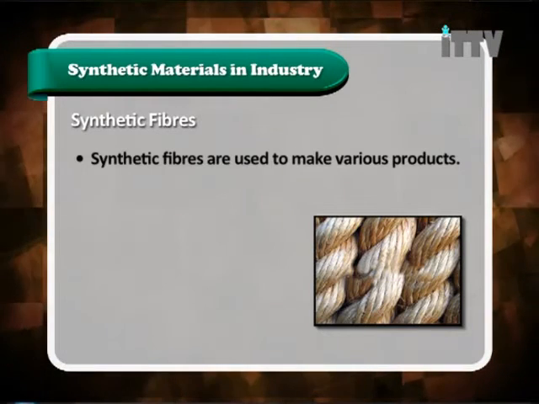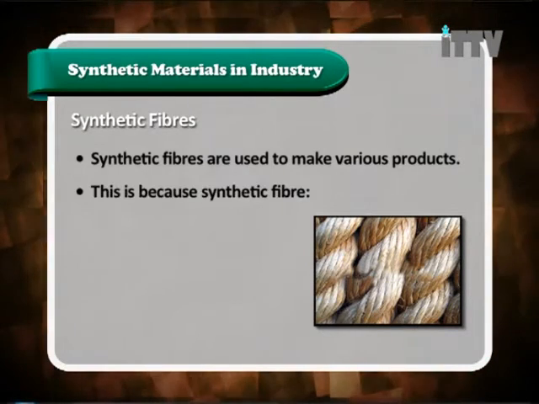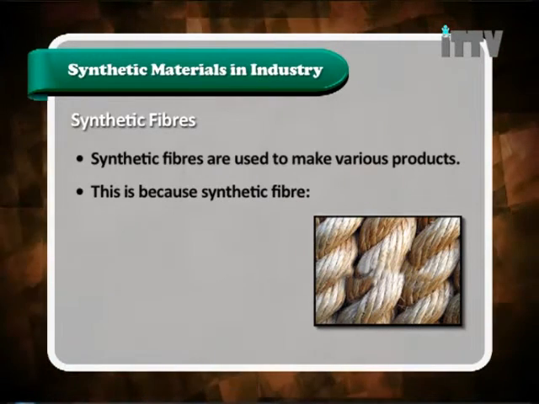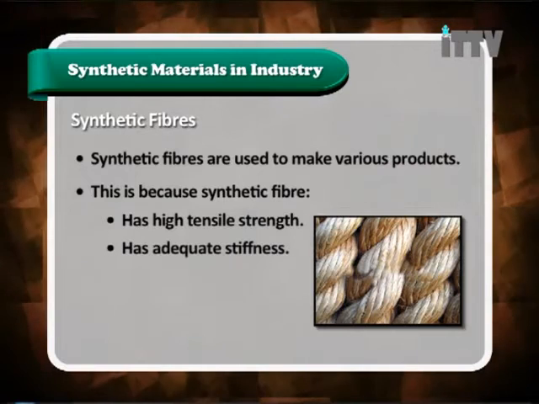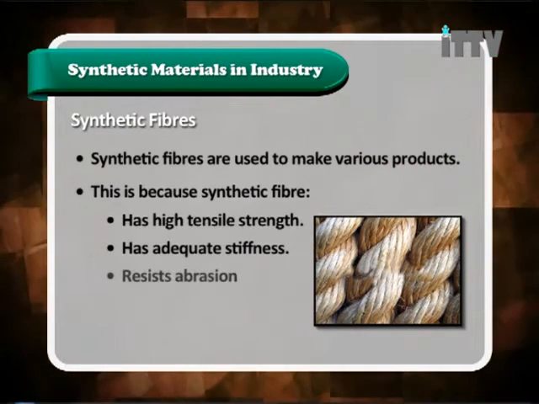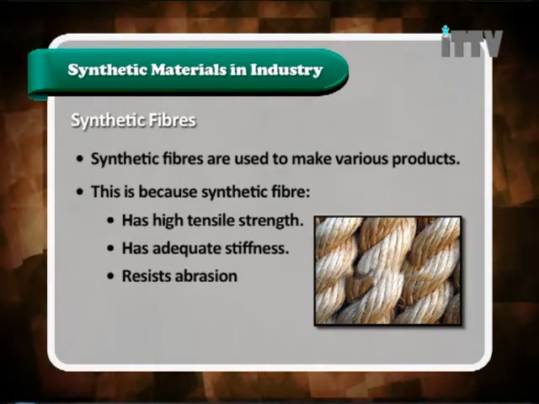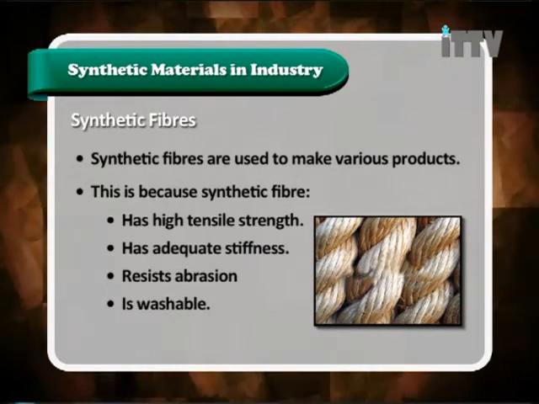Now let's move on to synthetic fiber. Where is it used? Synthetic fibers are used to make various products. This is because synthetic fiber has high tensile strength, adequate stiffness, resistance to abrasion, and is washable.